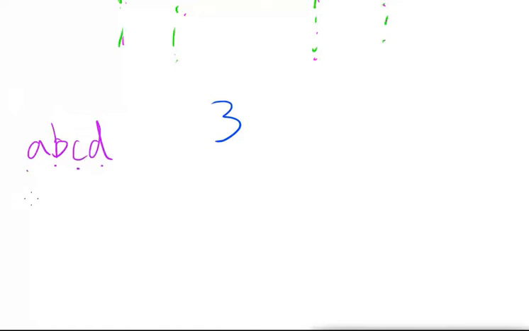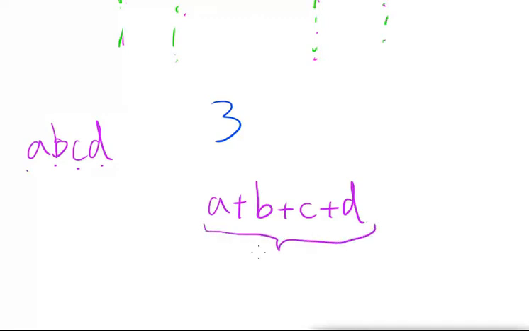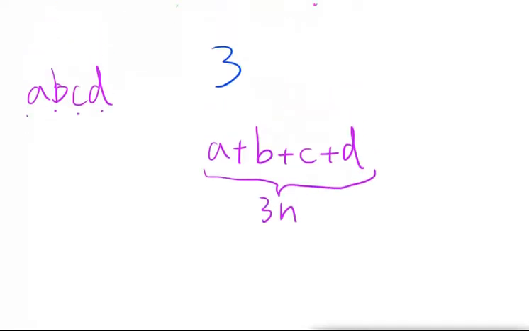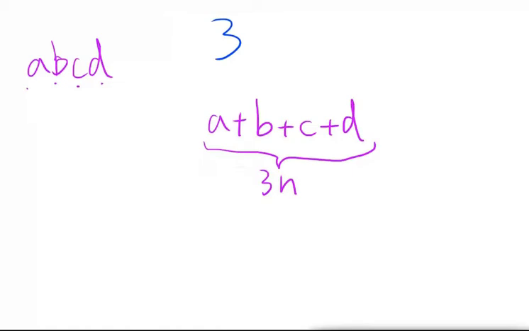Now, if we have A plus B plus C plus D, let's say this is a multiple of 3. According to the property of multiplication, a multiple of 3 plus a multiple of 3 is still a multiple of 3. So we can add on a multiple of 3 and still get a multiple of 3.